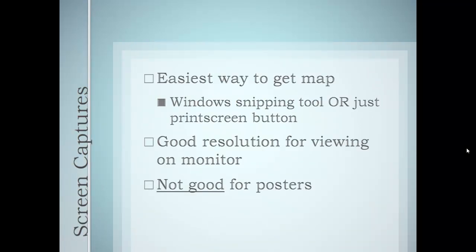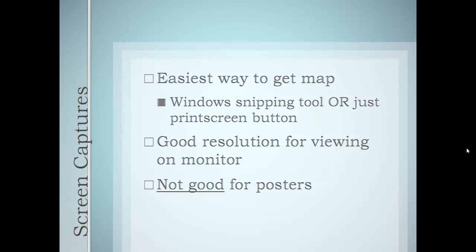So the easiest way to get a map is to just do a screen capture, and there are several ways to do screen captures. There's something called the Windows Snipping Tool, and if you just search for that on your Windows computer, you'll find it. You can also just hit the print screen button, and that will capture the entire screen.